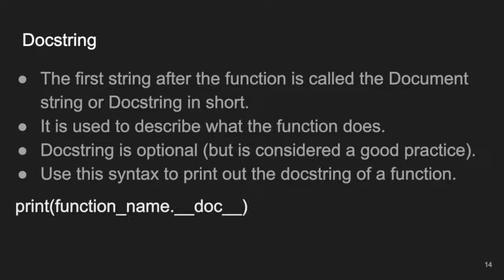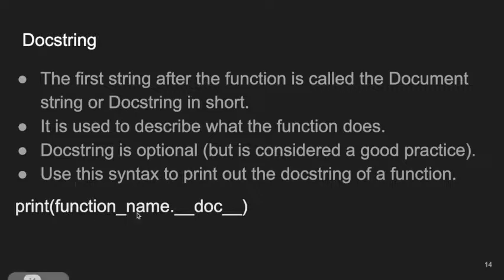They are not necessary if you don't need them or don't want them, but it's considered good practice to have them so that you remember the description of your functions, or other people that you collaborate with that see your code would understand what the function is doing. There's a way for you to print your docstring.